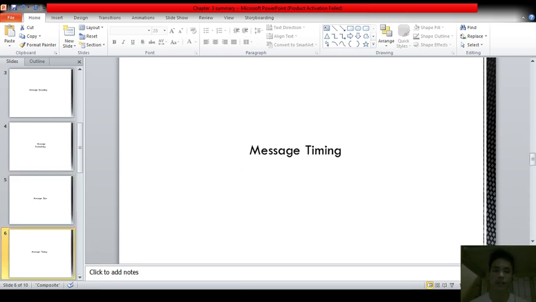Now, message timing. These are the rules of engagement for message timing. There are actually three rules of engagement for message timing: the access method, the flow control, and the response timeout. First, let's discuss access control.